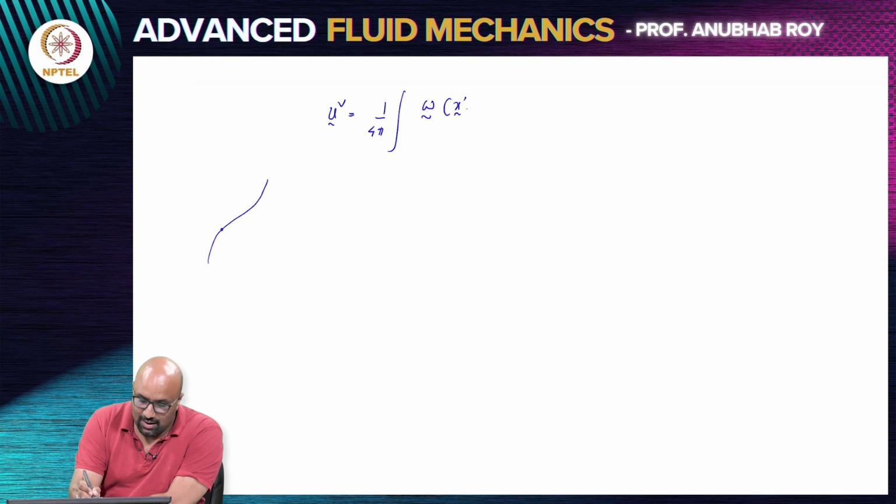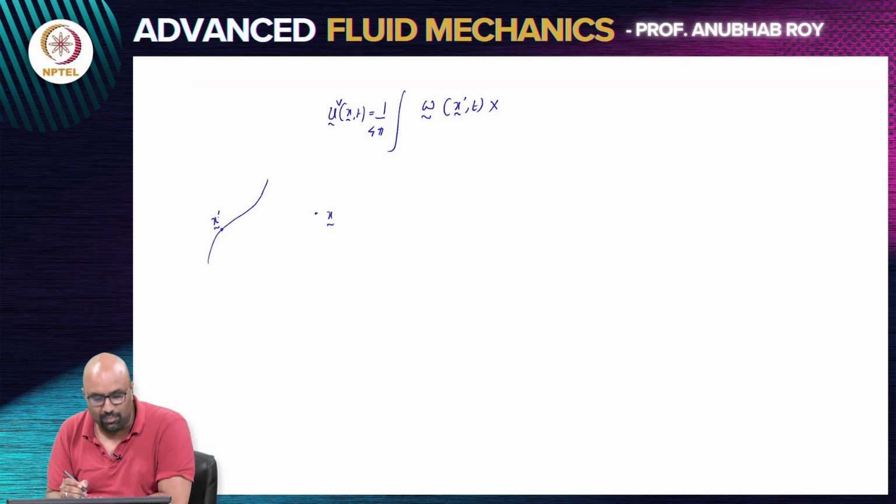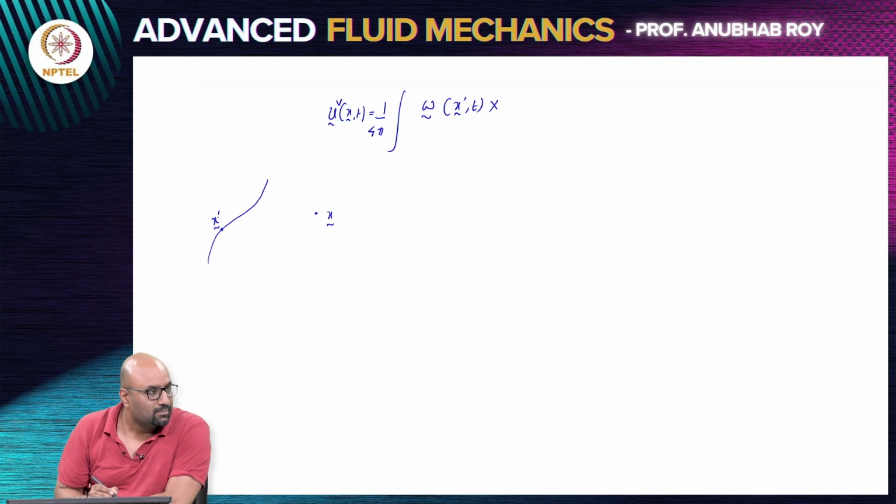For that we need to know the vorticity field, and let us say I am interested in finding the velocity field at a point x in space. This is the point x in space due to the vorticity contribution that I know at a point x prime. There is a certain distribution of vorticity, and that distribution of vorticity at a location x prime is going to drive a certain velocity field.